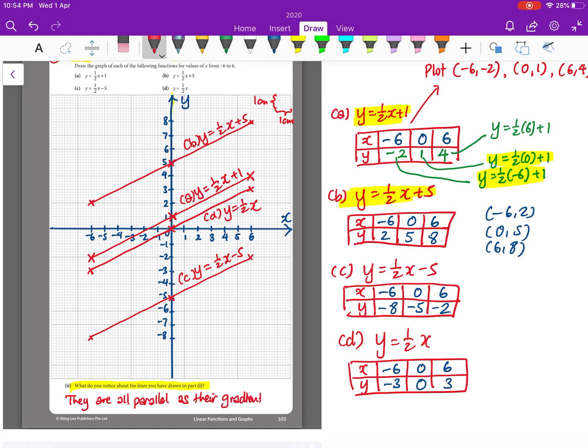As their gradient is the same. Okay, their gradient is m. M equals half. If you notice, all their gradients: half, half, half, and half. The gradients are the same.